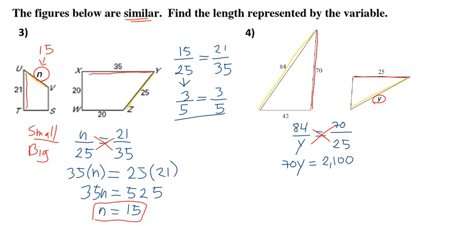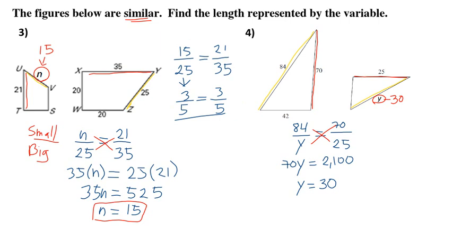We divide by 70. And y is equal to 30. The value of y is 30, and you can check by doing the ratios to see if the ratios are equal for both pairs of corresponding sides that we have.